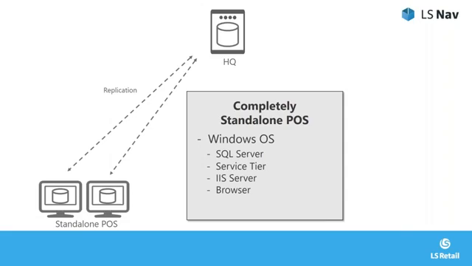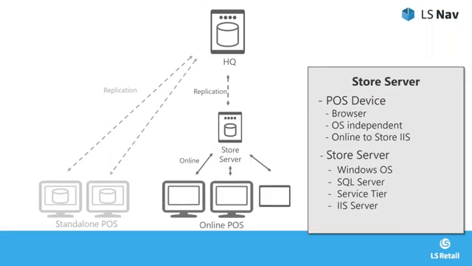You have then full reliability and versatility on the POS. You can do the business at any time. On a device like this, we have a Windows machine, SQL server, service tier, IIS server and browser, all on the same device, so it's self-sustaining.